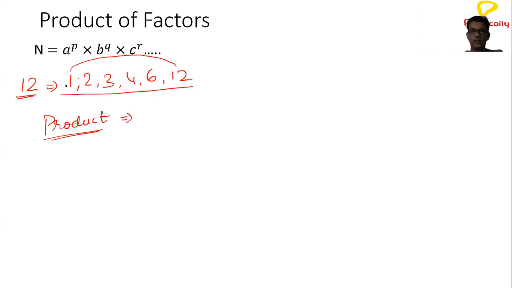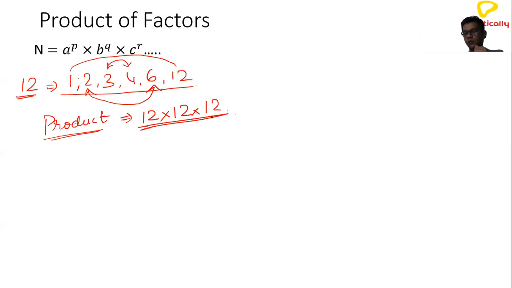The leftmost and the rightmost give me 12. The second leftmost and the second rightmost give me 12 again. The middle two values also multiply to give me 12. So the product is 12, 12, 12, 3 times.